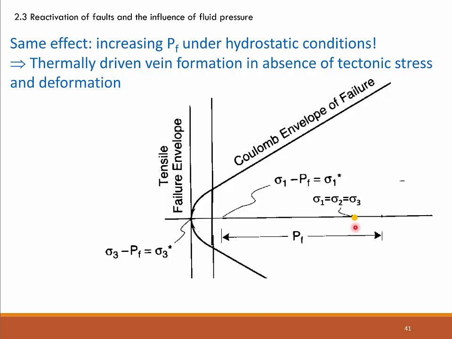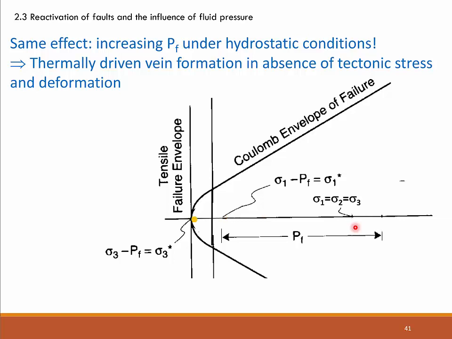But if fluids are present and the fluid pressure increases sufficiently, and we do that stepwise with release of fluids due to metamorphic reactions, for instance, where hydrous minerals are replaced by non-hydrous minerals, that might increase the fluid pressure in addition to increasing temperature.